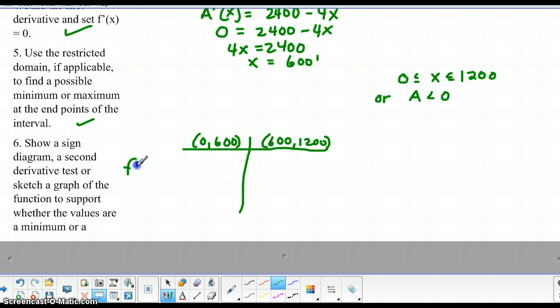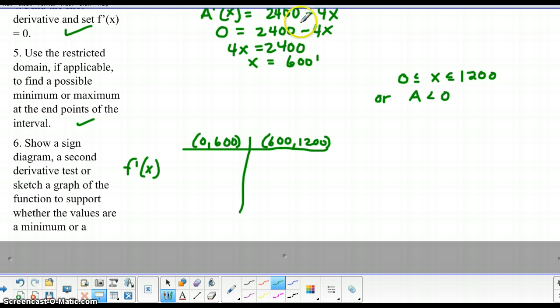And again, remember when we test for our sign diagram, we're always testing x values in this range into our first derivative. And I always try to pick easy numbers to test. So I'm going to test where x is 10 in this case, because 10 is a really easy number to plug in this range.